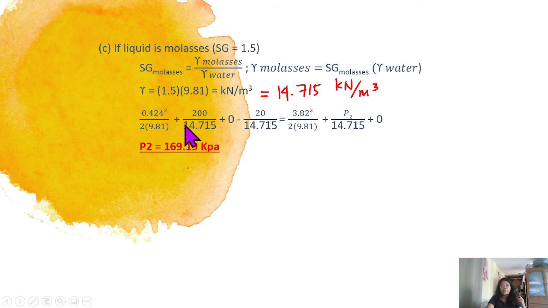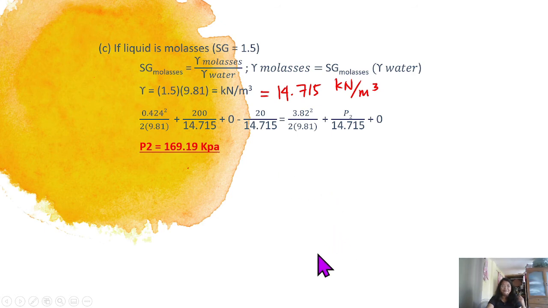So, 200 over gamma, 14.715 plus 0 minus head loss, 20 over 14.715, is equal to the velocity at 2. So, this is it, plus the pressure at point 2 divided by 14.715. And when you have calculated that, the pressure at point 2 is equal to 169.19 kilopascal.